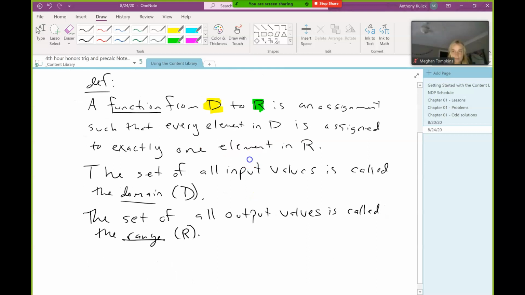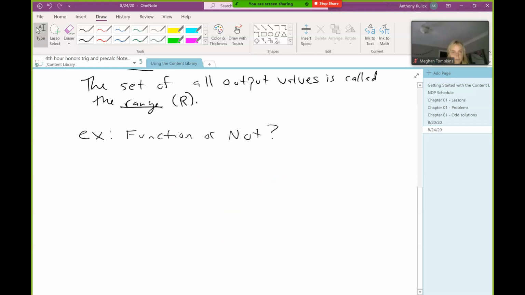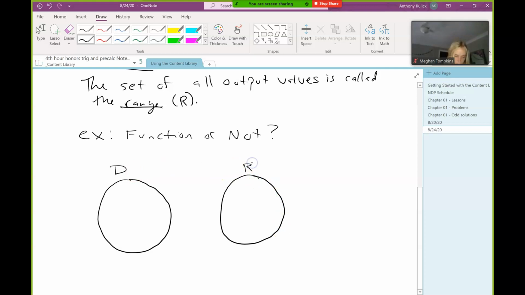Okay, so let's look at some examples of things that are functions or not. So one conceptual way to describe, well, let's say a relation.